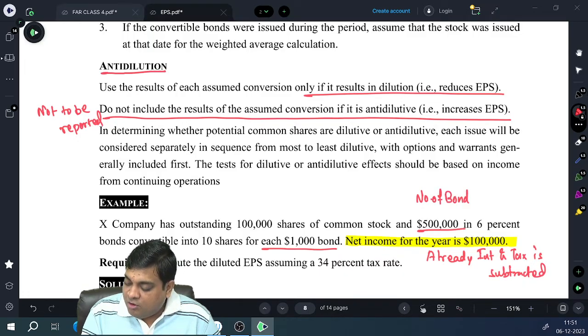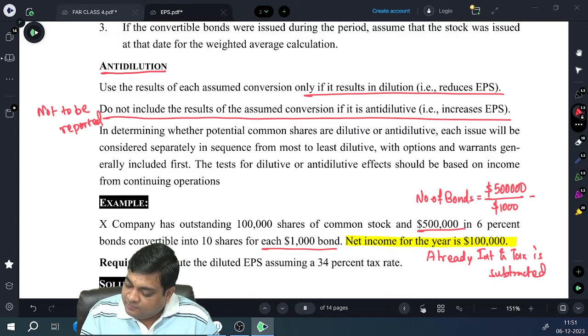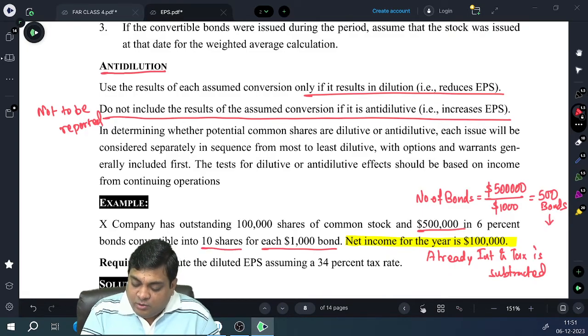So number of bonds, 500 bonds, and if converted, each is going to be converted into 10 shares.